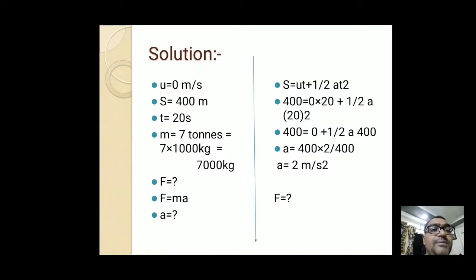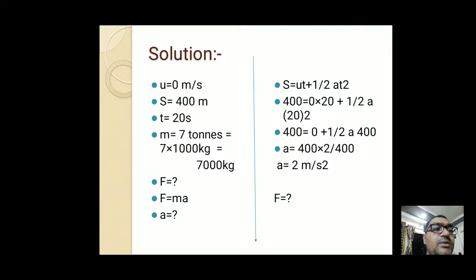Now we can put all the left hand side values in this equation. That is s equals 400, equals u value 0 multiplied by t, t means 20, plus 1/2 a, which we have to find, and t is 20, so t square will become 20 square. Now, third step: 400 equals 0 multiplied by 20, so it will become 0, plus 1/2 into a, and 20 square will become 400.